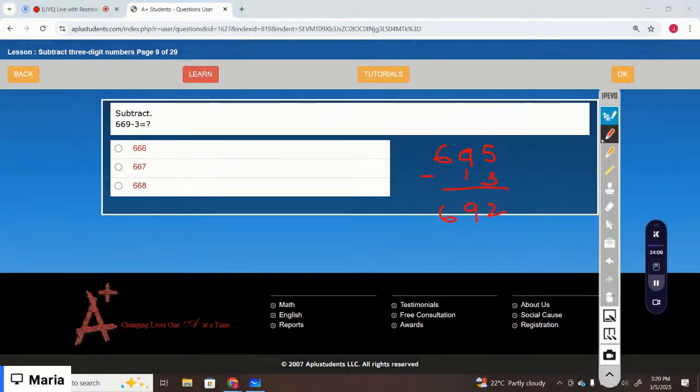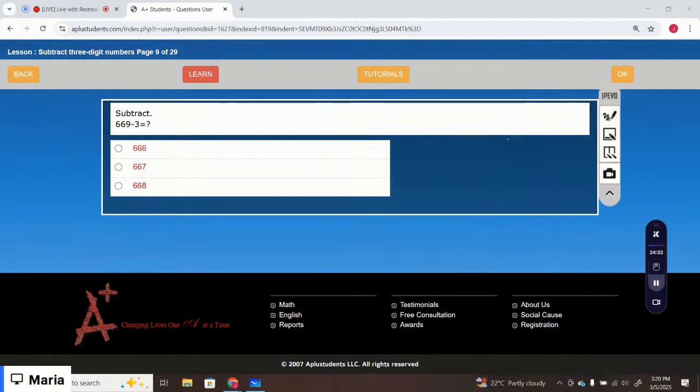Let's just subtract. 9 take away 3 is 6. That is 666. Option number 1 is the correct option, that is 666.